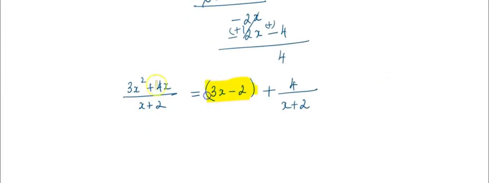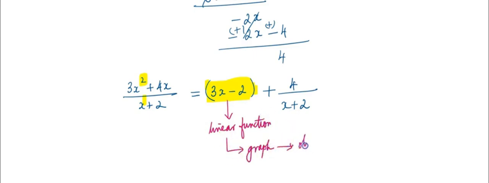It said, if the numerator was 1 degree more than what was below, then you will always get a linear function. This is a linear function. In fact, it's a linear function with y-intercept -2 and slope 3. So if you graph this linear function, this will give us the oblique asymptote.